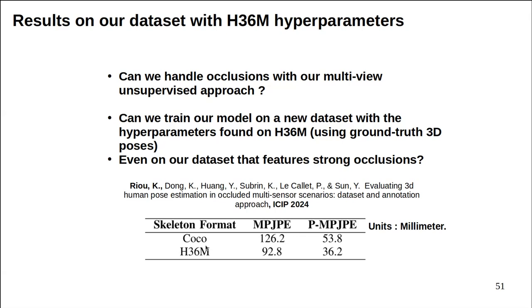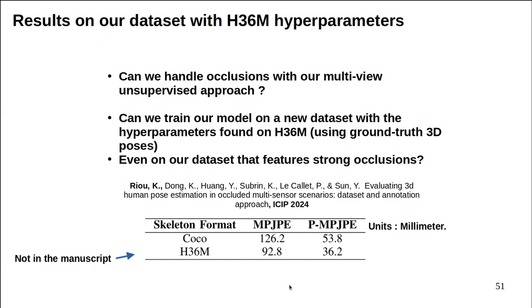But if we adapt the skeleton format in our dataset to match a similar skeleton format to the one we have in H36M, then we can train our architecture in a way to have similar performance to what we got on the H36M dataset. At least we have less degradation in terms of performance. So it means that our model can transfer to new datasets, even from datasets without occlusions to datasets with occlusions, but it's very sensitive to the skeleton format.